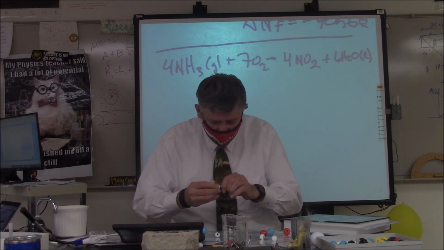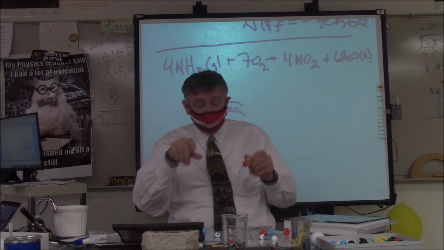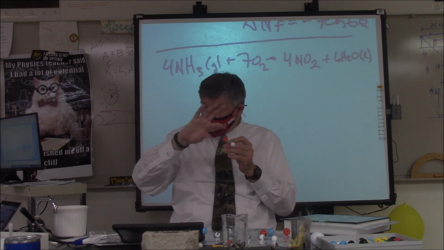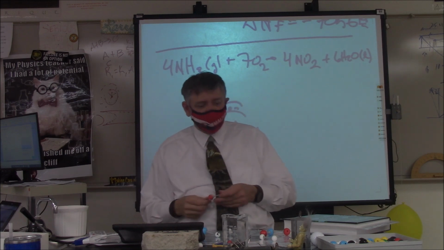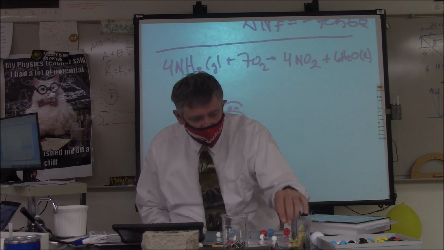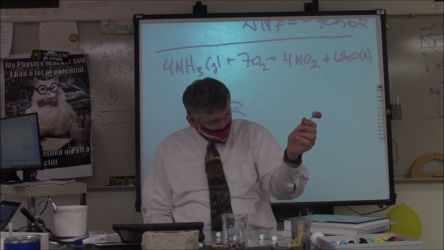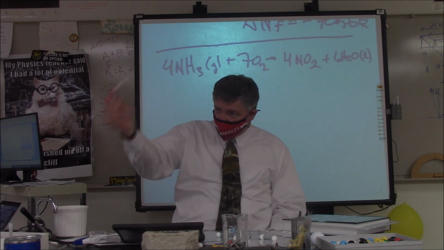So I'm going to get some water molecules, right? And water also has this dome of negativity, because it actually has 2 pairs of unbound electrons that are floating up here. So I took ammonia and oxygen, and I'm going to produce nitrogen dioxide and water out of it.